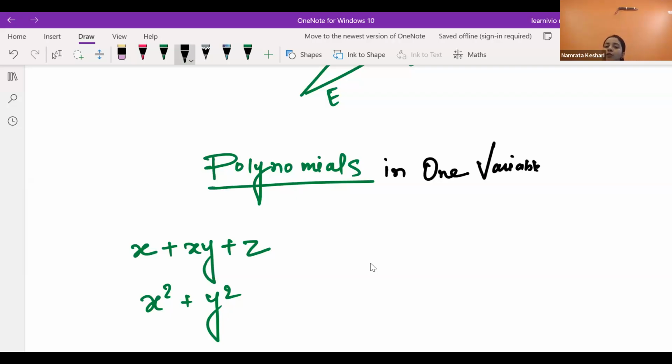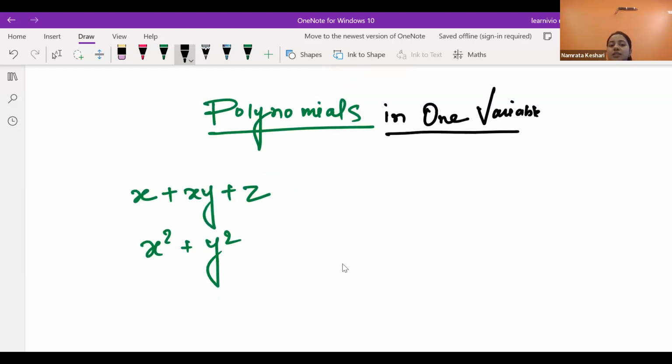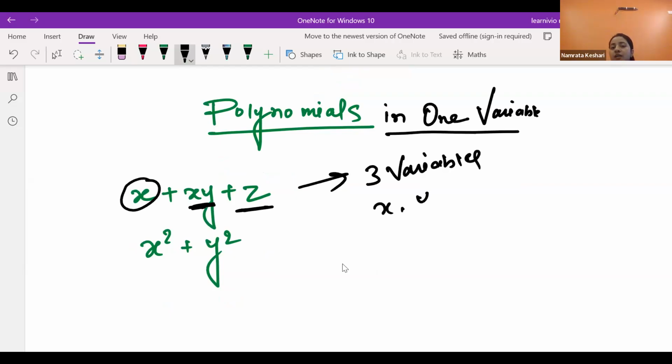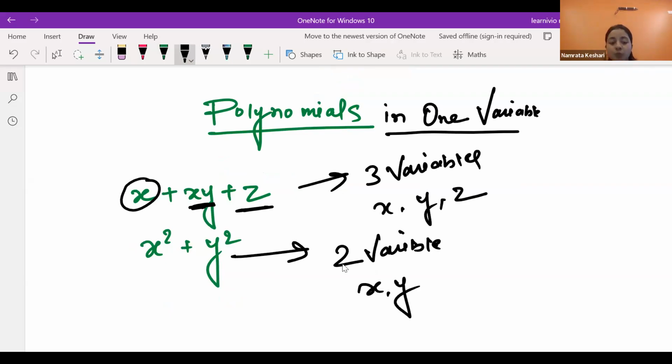Polynomial in one variable means here for the first example we can see x is there, then x and y both are there, then z is there. So three variables are involved over here, that is x, y, z. And in this chapter we will be sticking with polynomials in one variable. In the second one, again two variables I can see, x and y. So polynomials means it has to be one variable over there.